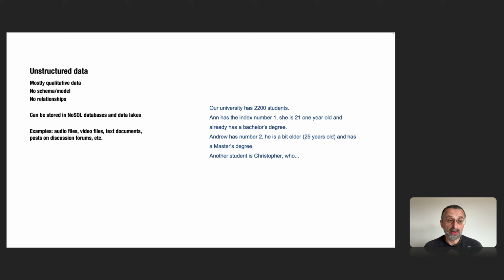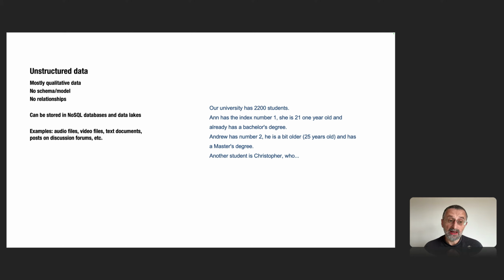There's no schema or model, no relationships, but we can extract some information from that using natural language processing libraries and methods like named entity recognition, or at the moment generative models can do a really brilliant job on extracting information from such unstructured sources.